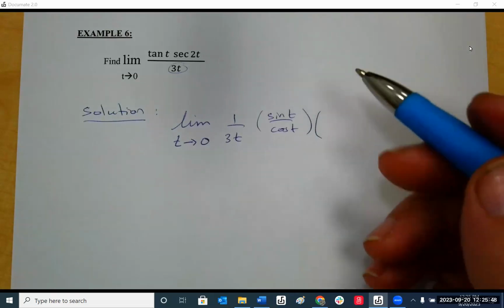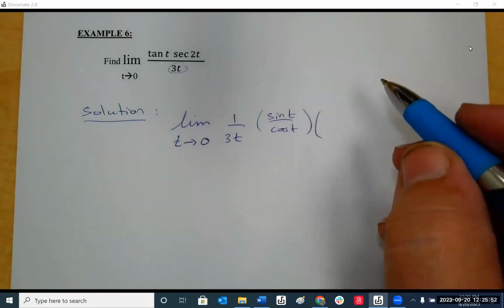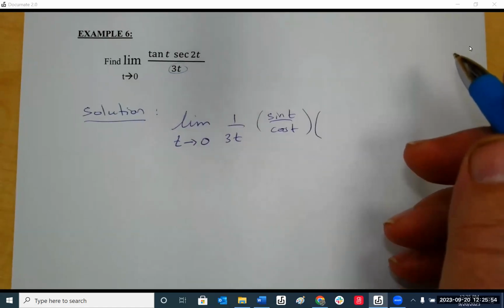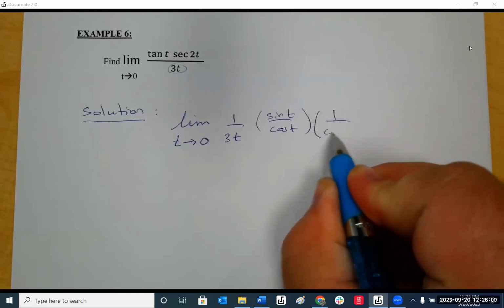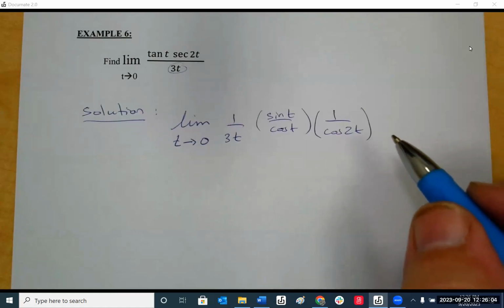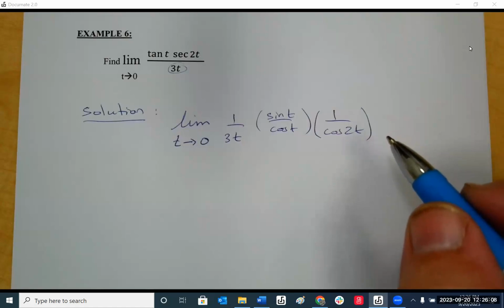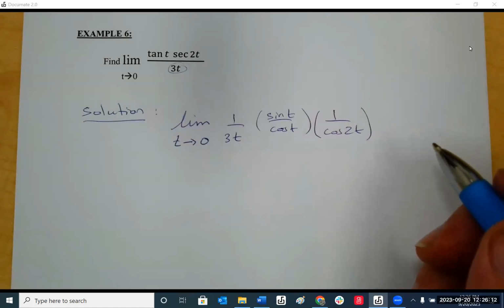Well, let's see. What is secant? Secant is 1 over cosine 2t. We'll do 1 over cosine 2t, because then we can find the cosine double angle in here: either 1 minus 2 sine squared or 2 cosine squared minus 1.